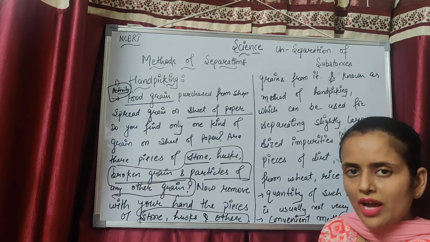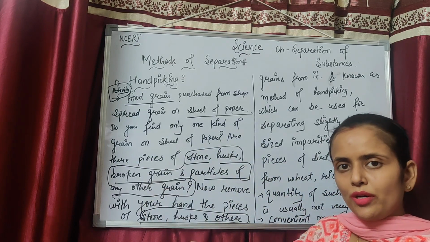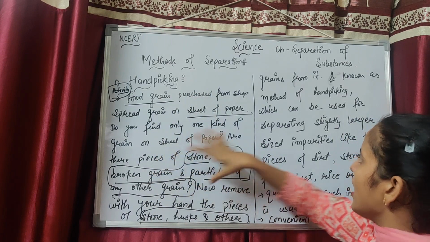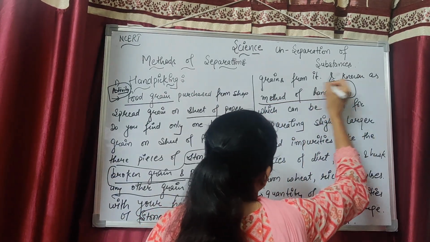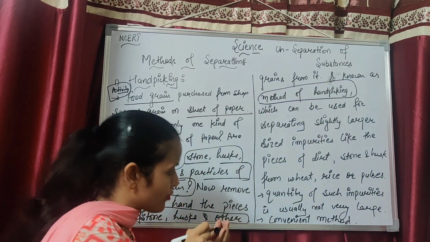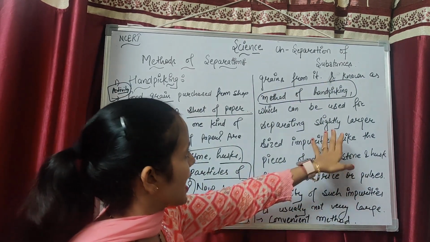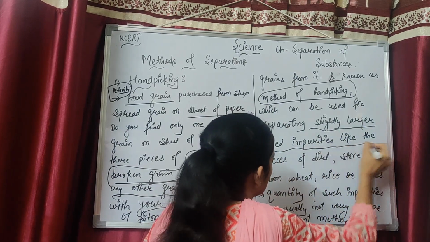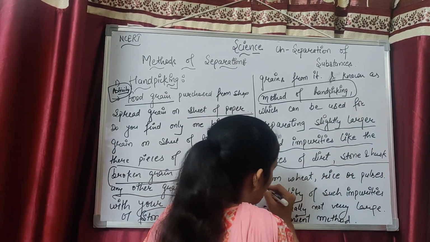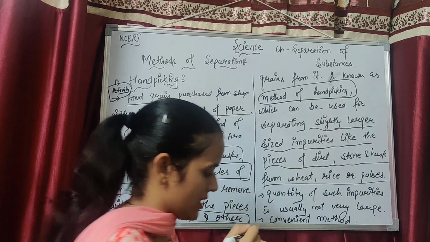With the help of our hand, we pick out the impurities from this mixture, and the method is known as the method of hand picking, which can be used for separating slightly larger size impurities like pieces of dirt, stone, husk from wheat, rice or pulses.